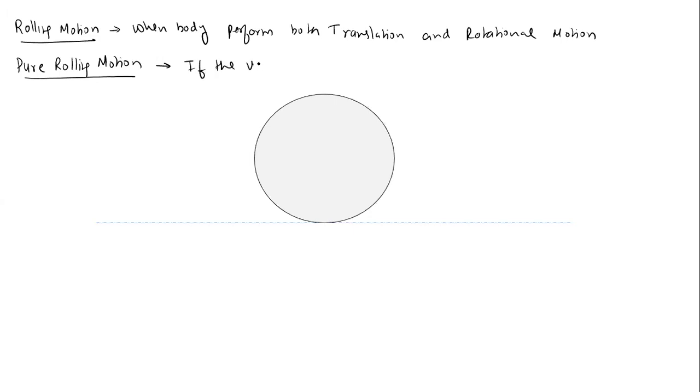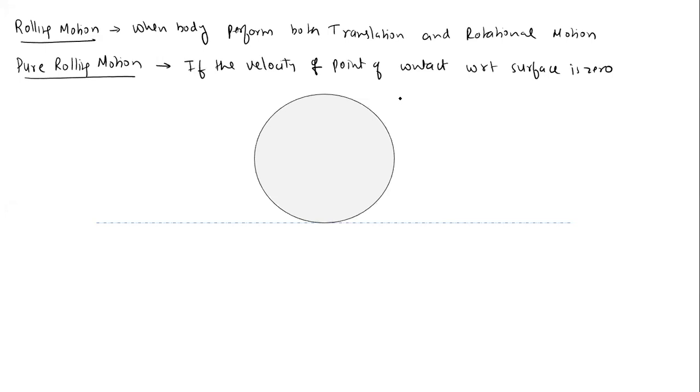If the velocity of the point of contact with respect to the surface is 0, then we say it is a pure rolling motion.